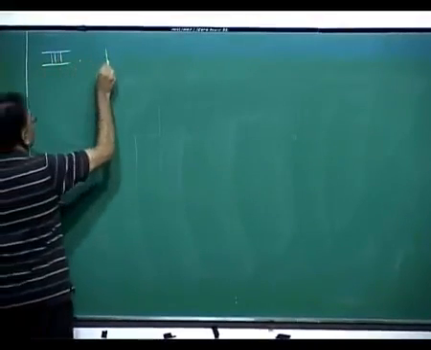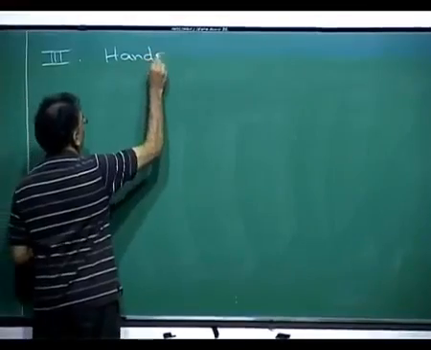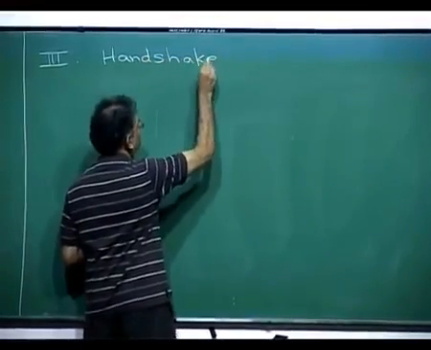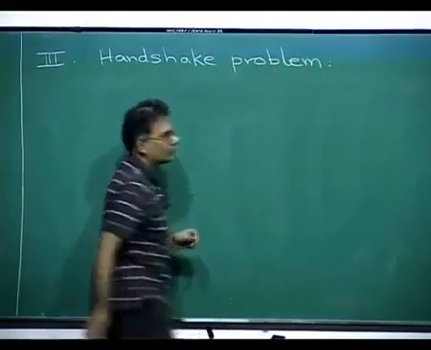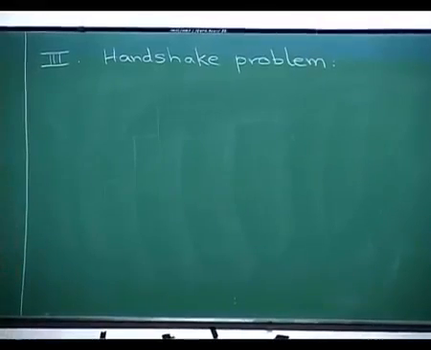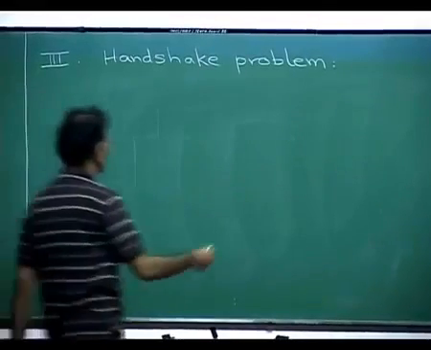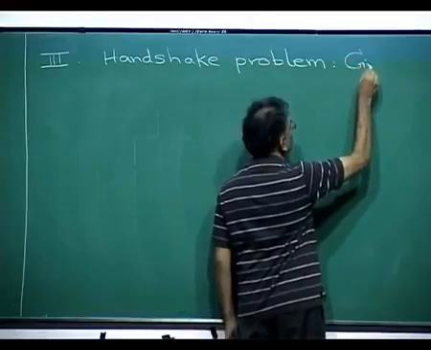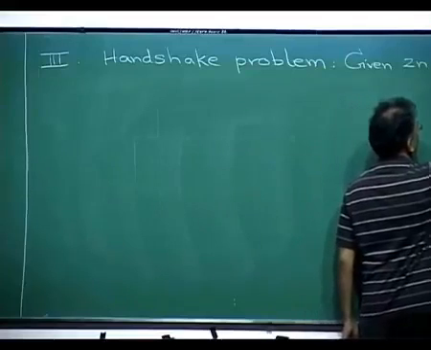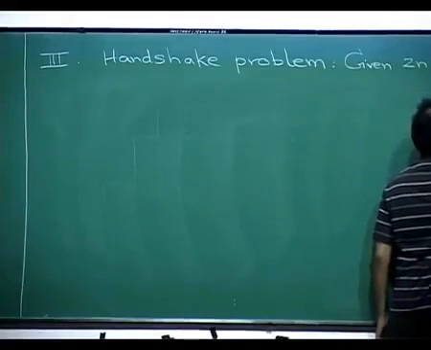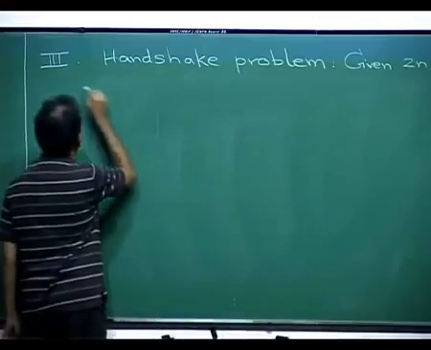And this is where this non-crossing partitions which Sundar mentioned comes in. So third one is, so let's call this the handshake problem. Okay, so you're given 2n people sitting around a circular table.